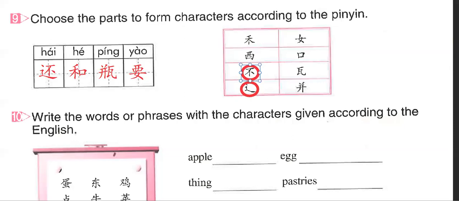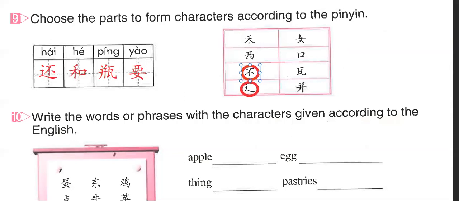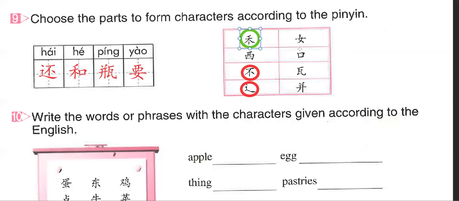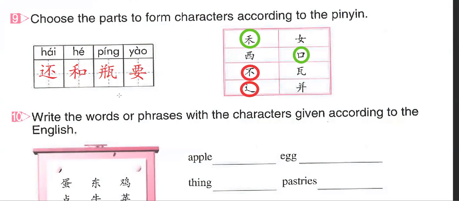Next one, for he, we are using this one here, and we are using this one here. And so on. That way we form these different characters. Now you can stop the video and take notes of the correction for this.